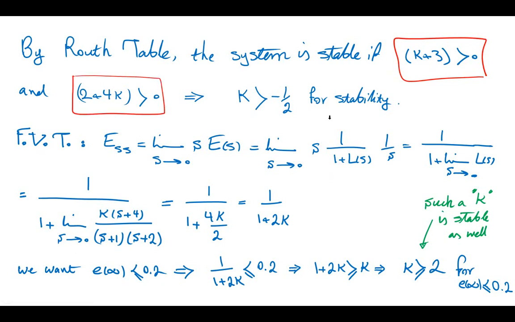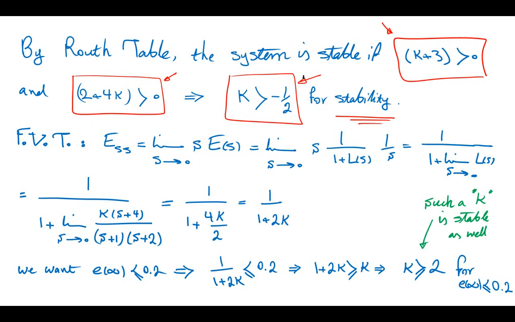It's not hard to see that if K is greater than minus 1 over 2, both these conditions are satisfied. So for stability, we need K greater than minus 1 over 2.